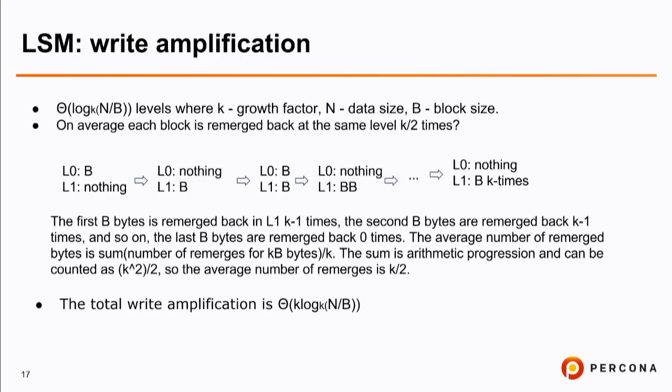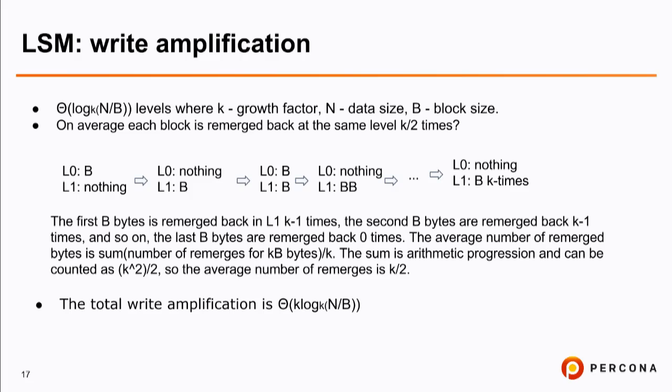And if we sum it up, we get an arithmetic progression, and we have a formula to count the sum of an arithmetic progression. The sum will be k squared divided by 2. If we divide it by k, we get the average number of remerges for each block.